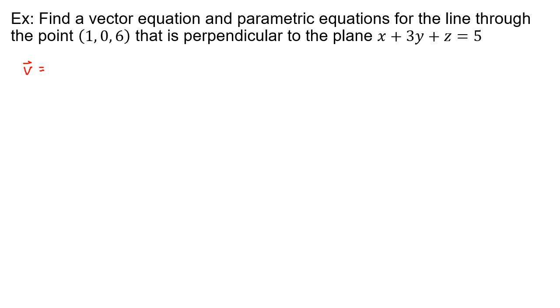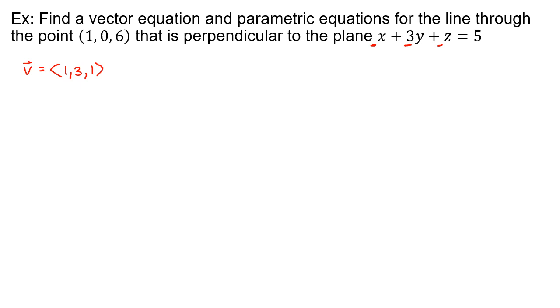So my vector v, in this case, since this is my equation of my plane, and it's perpendicular to that, my normal vector, or my orthogonal vector, my cross product basically, is going to come from these values right here. I take those from the 1, the 3, and the 1.